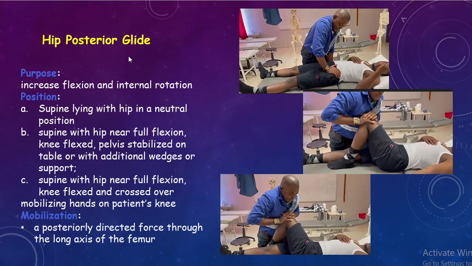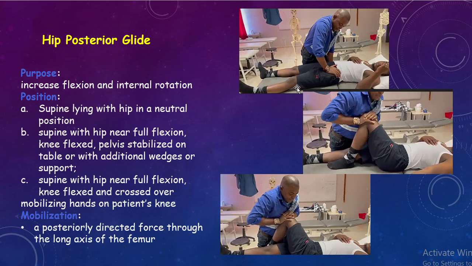Now, what about posterior glide? In posterior glide, there are 3 ways of doing that. In the first instance, if the pain is very much, like the subacute phase, or the pain is on the high side, the patient will simply lie supine with slight flexion of the hip joint to be mobilized.